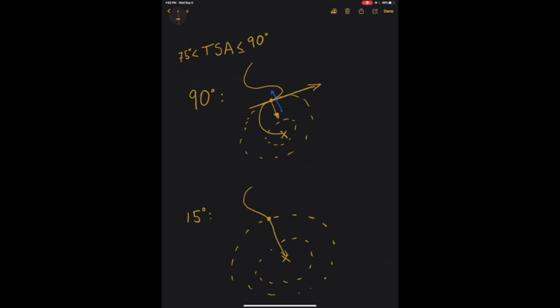Where that trail crosses the contour line, we would draw that arrow for the direction it's going in, right at that spot. And then we would also draw a second arrow pointing directly upslope. That's only about a 15-degree angle.